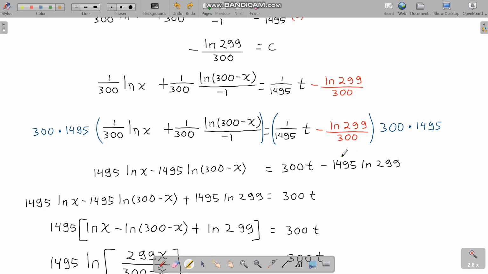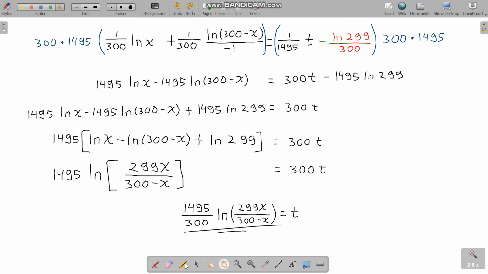Now we add both sides by this term, so we move it to the left, giving plus 1495 ln 299 on the left.